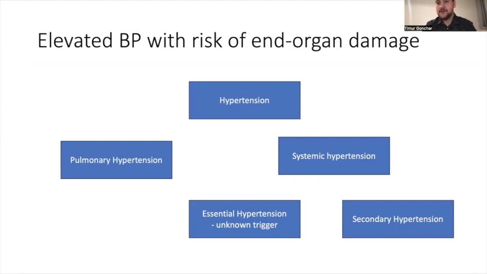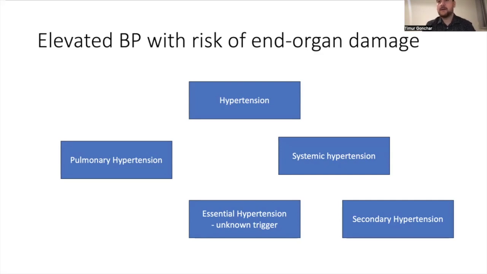And another circulation part is systemic circulation, which brings the oxygenated blood to all the parts of our body and internal organs. And so when we have elevated blood pressure in our systemic circulation, we can classify it into two subtypes. The first one is the so-called essential hypertension, which is something most patients are going to have.